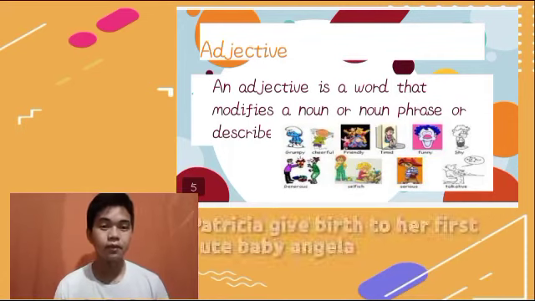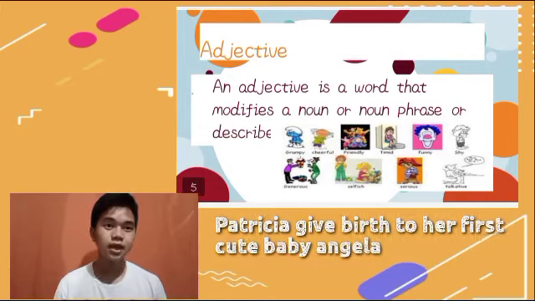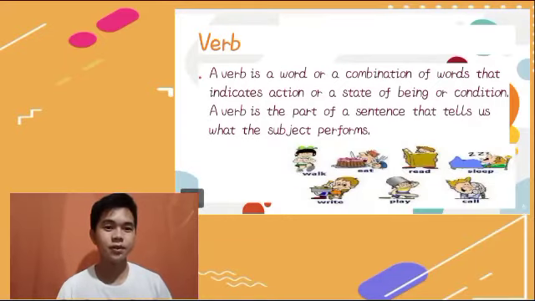For example, Patricia gave birth to her first cute baby Angela. In this example, the adjective cute described the baby. One of the simple ways you can determine the adjective is by asking yourself who is the cute one or something.